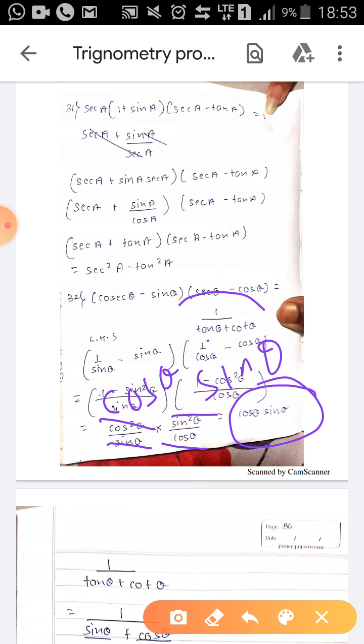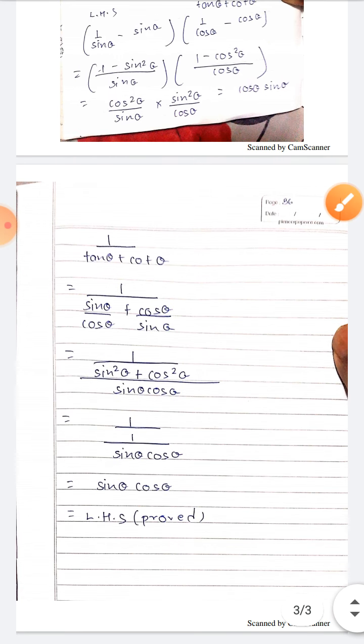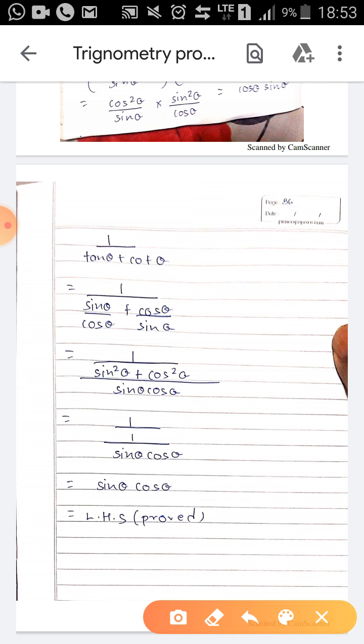But they have asked you to prove that it is equal to 1 by tan theta plus cot theta. So now we will move on to the right hand side. The right hand side is 1 by tan theta plus cot theta. I will again apply those childish steps.